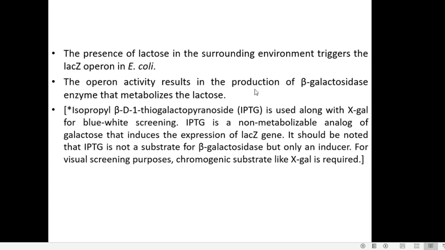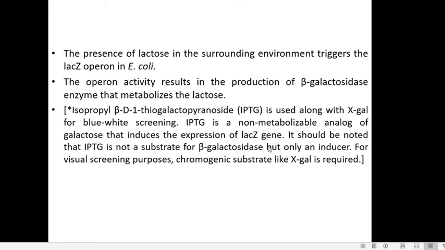But instead of using lactose directly, we are using an analog of lactose which is called IPTG or isopropyl beta-D-thiogalactopyranoside along with XGAL. XGAL is the substrate for producing color, but IPTG can be considered to be an analog of galactose which will induce the expression of the lacZ gene.